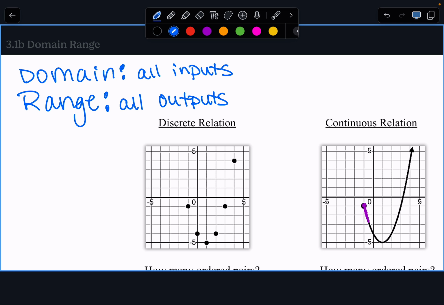Inputs versus outputs. If we're thinking X versus Y, our inputs are X, our outputs are Y. Okay?